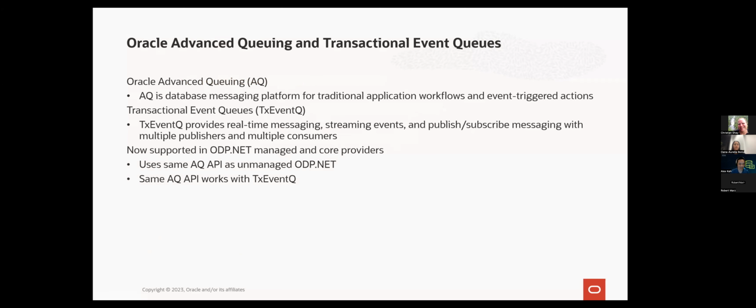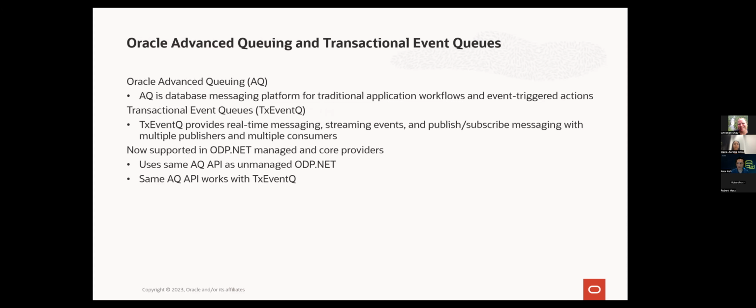And we have the same API working with both. So your traditional AQ API, if you've been using it with unmanaged ODP.NET, will work with managed ODP.NET and ODP.NET Core AQ API. So we're bringing that AQ API to managed and core, and it's going to work with both TEQ and AQ. Although we do have a few more options for TEQ, because TEQ is under more active development, so you'll see some more capabilities there.